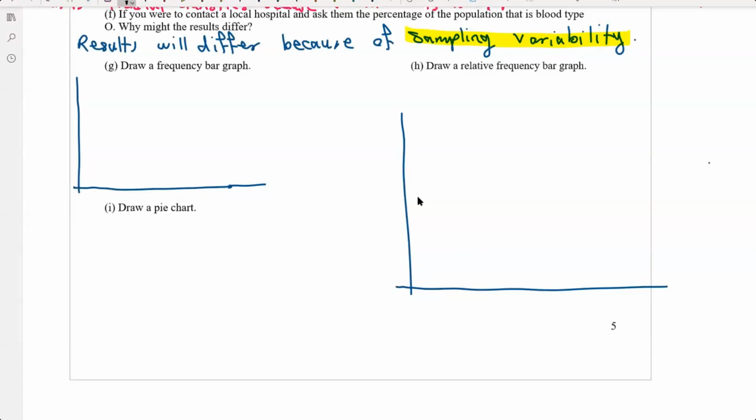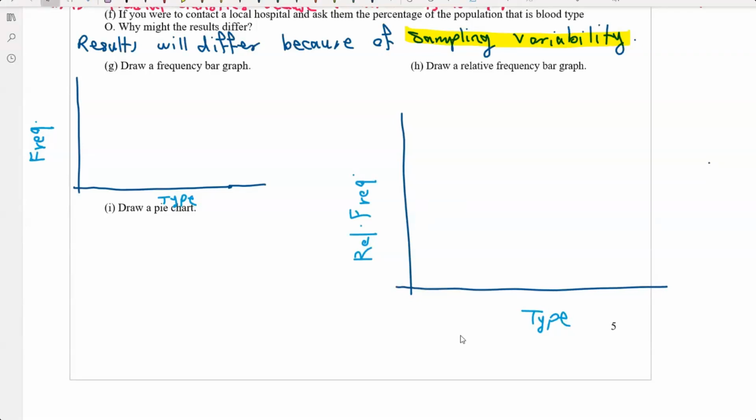Okay, so here we have blood type on the horizontal line, and on the vertical line, this one is frequency, and this one is relative frequency.